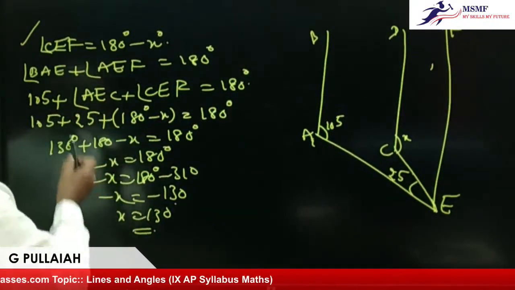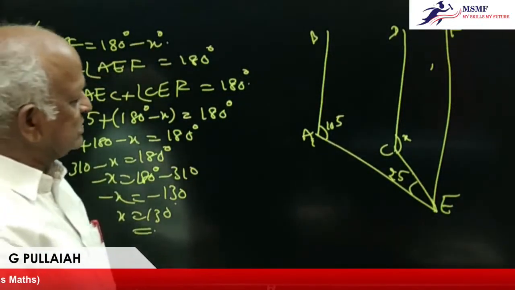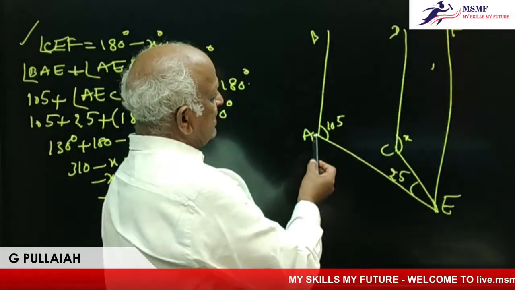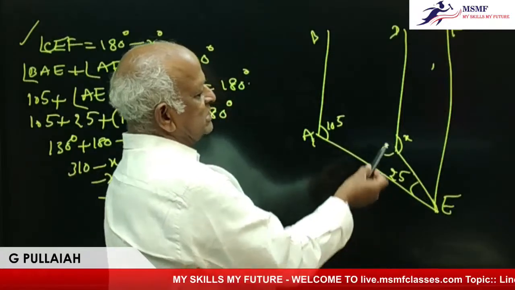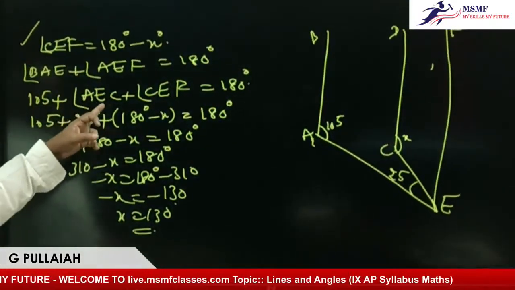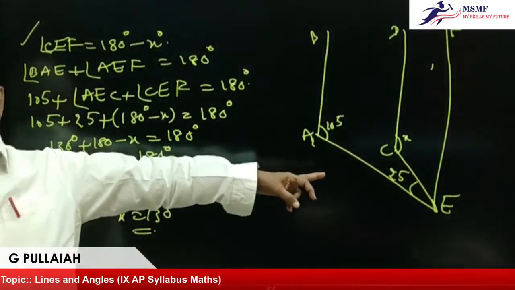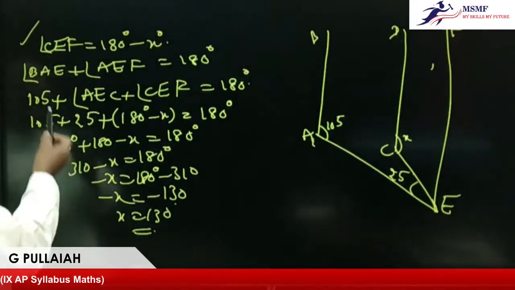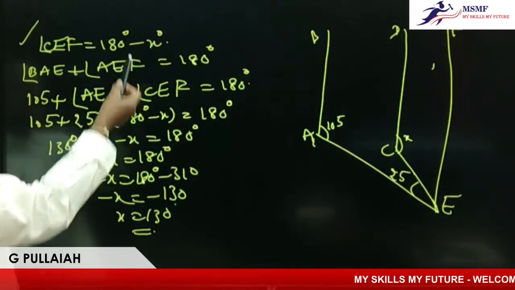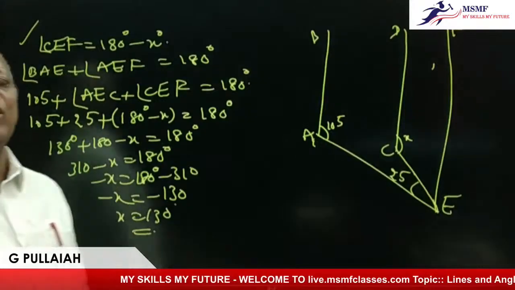This BAE is given as 105 degrees and AEF can be made into two angles, one is angle AEC plus angle CEF. It is given that AEC is 25 degrees. So now what we did here? 105 plus 25 degrees plus 180 minus X is equal to 180. By solving this equation, we'll get X is equal to 130 degrees.